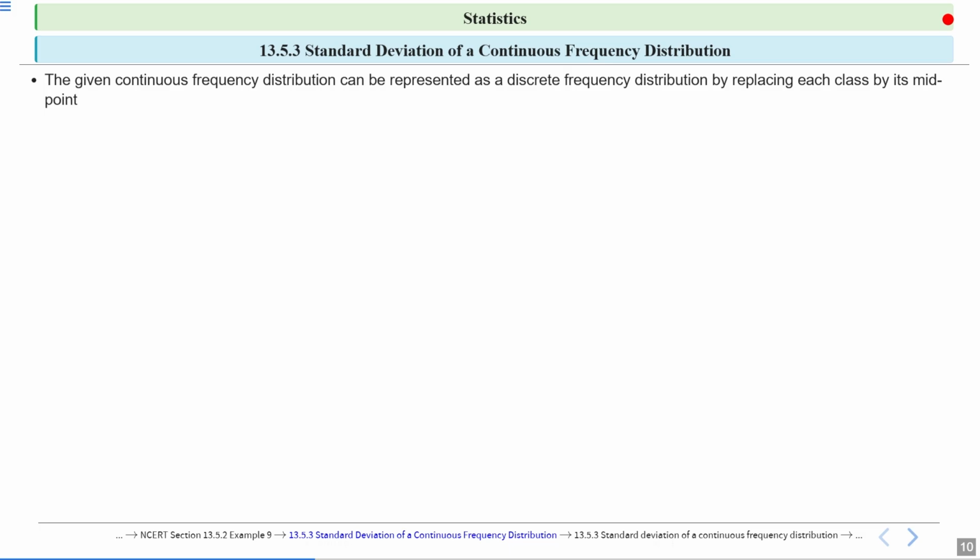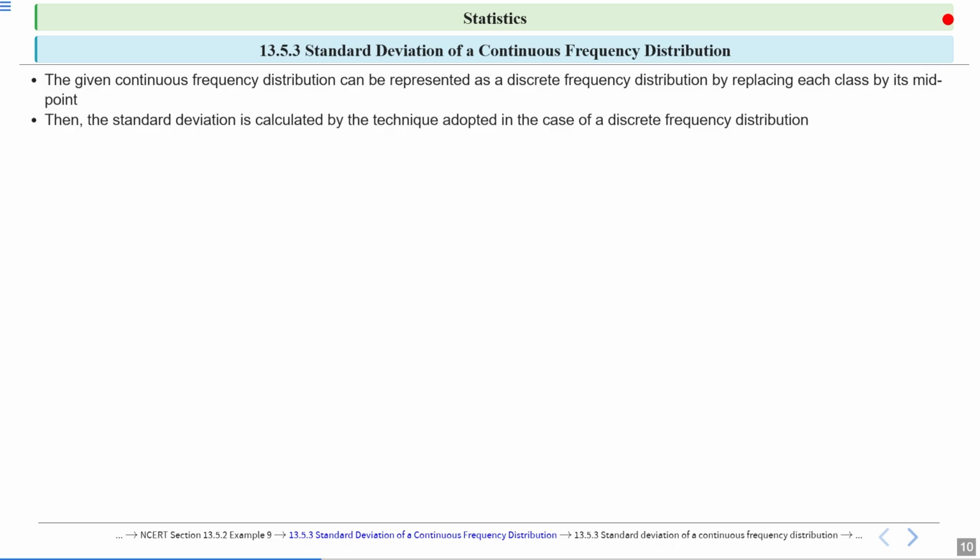Now let's start by looking at how we can handle a continuous frequency distribution in statistics. When we have data grouped into classes, we can turn this into a discrete frequency distribution by replacing each class interval with its midpoint. This makes it easier to apply the formulas we already know for discrete data.